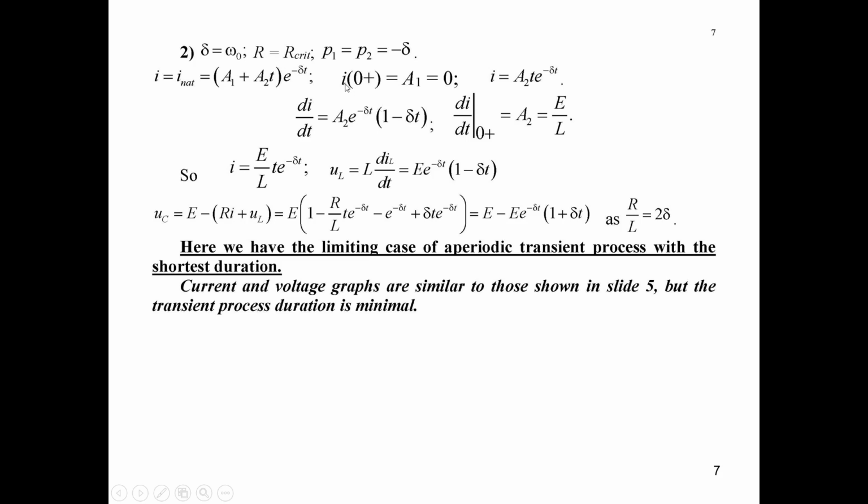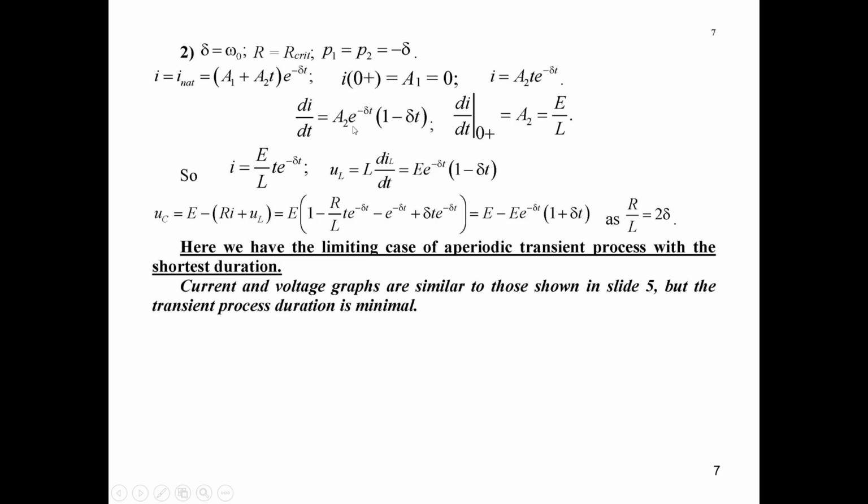And as i from plus 0 equal to 0, we can conclude that A1 should be equal to 0. And therefore we can write down that i equals A2 multiplied by t multiplied by e to the minus delta t.